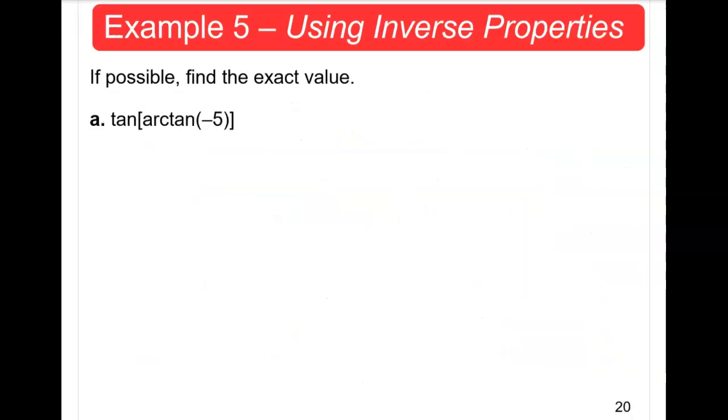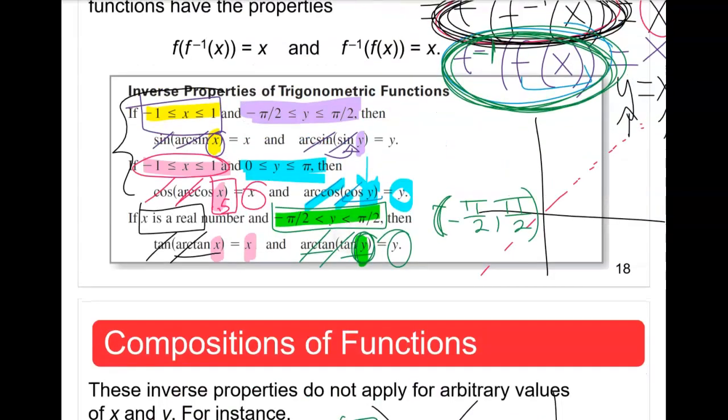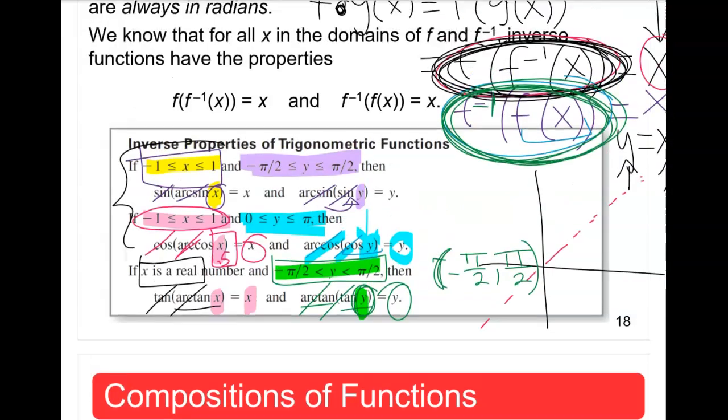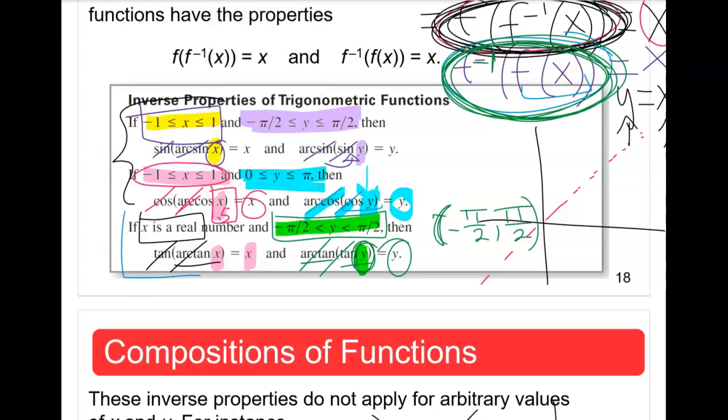Now with the next one, we cannot just go ahead and cancel those. In fact, I'm not 100% sure. I'm going to check again. If we go back to the table, actually, yes, we can, because we are in this particular case where arctan is the function inside the composition of tangent.